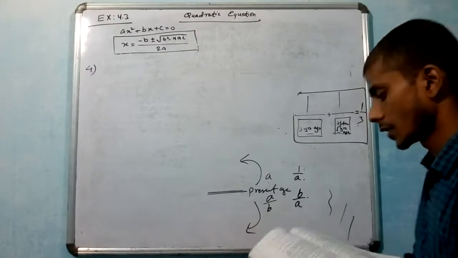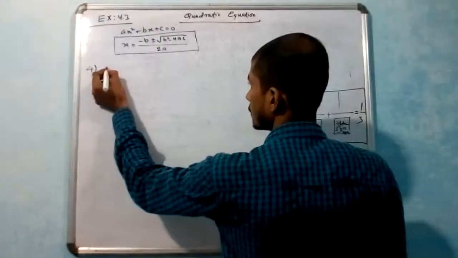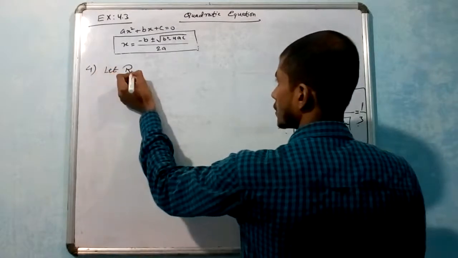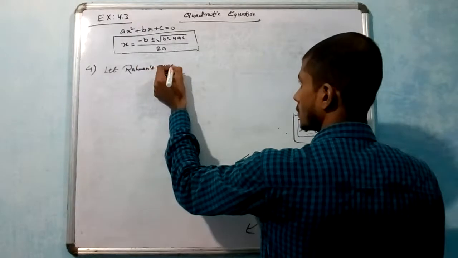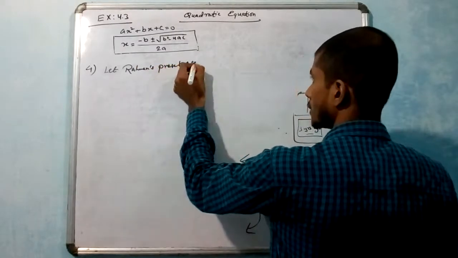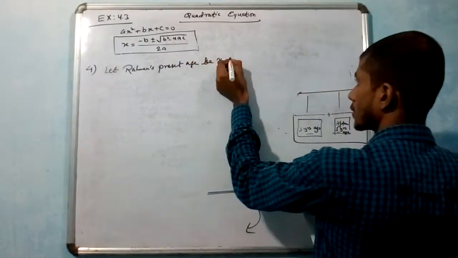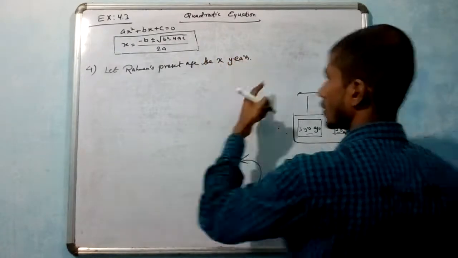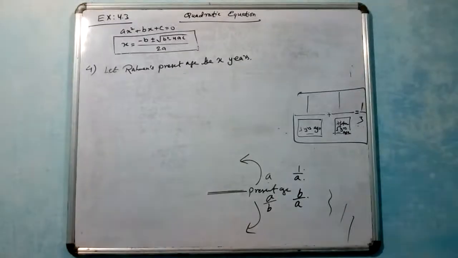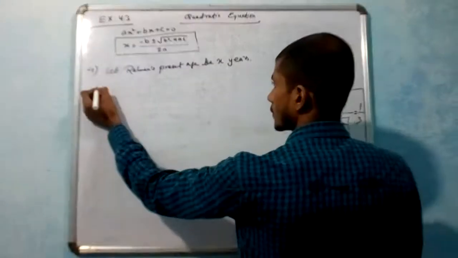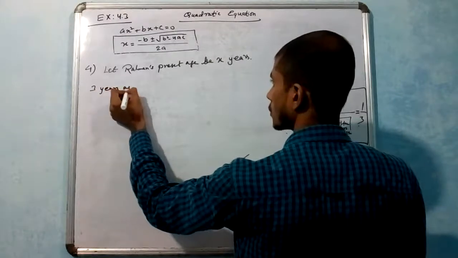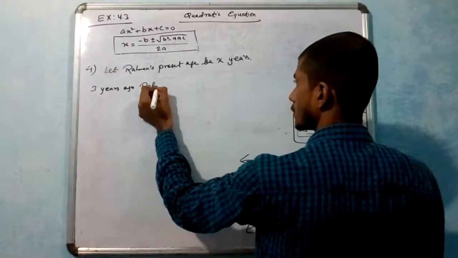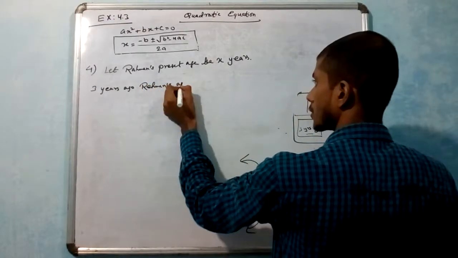Now see, let Rahman's present age be x years. Correct? Then the two ages we want. 3 years ago, Rahman's age: from the present age only we will calculate.